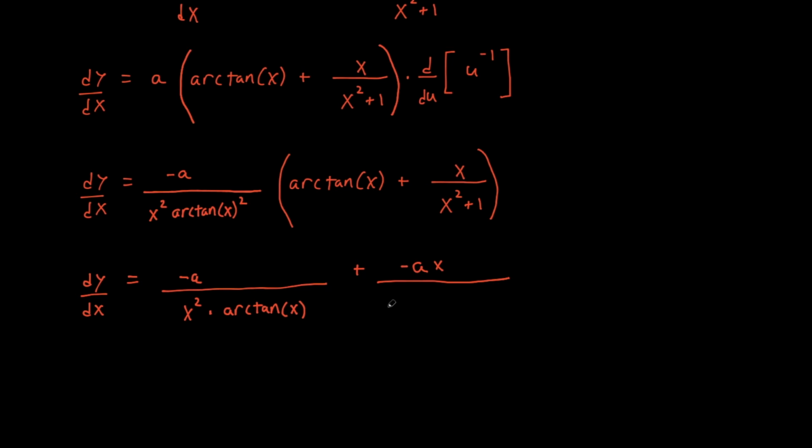So we have x squared times arctangent of x squared times x squared plus 1. So this x can cancel with one of these. Get rid of that.